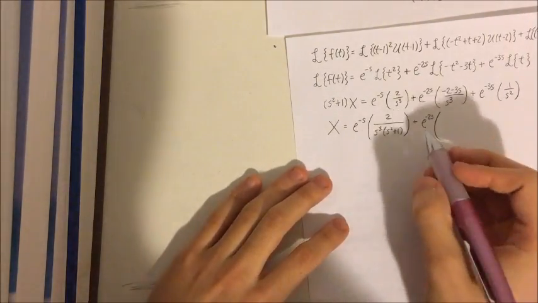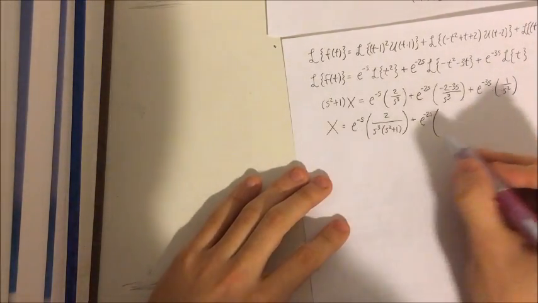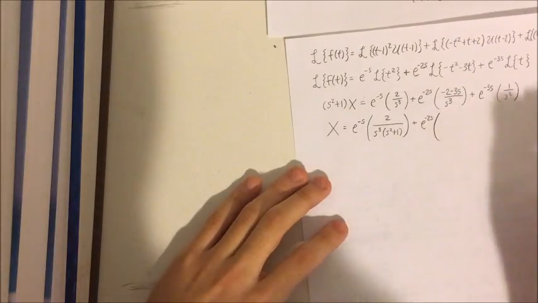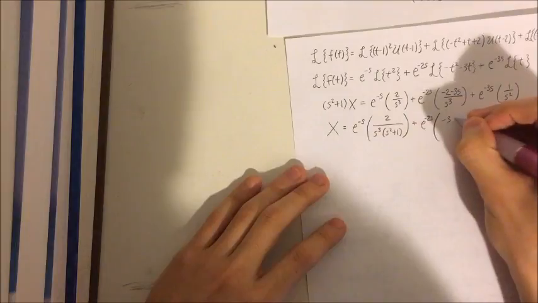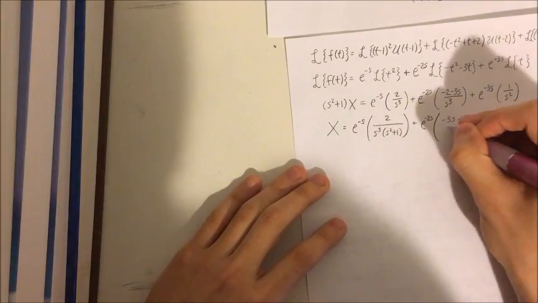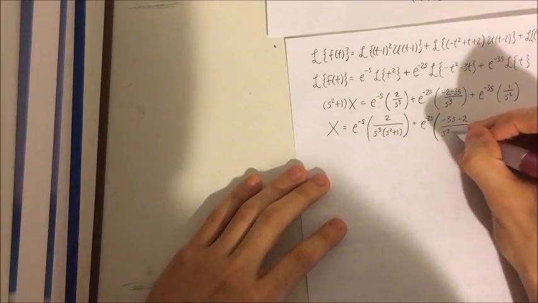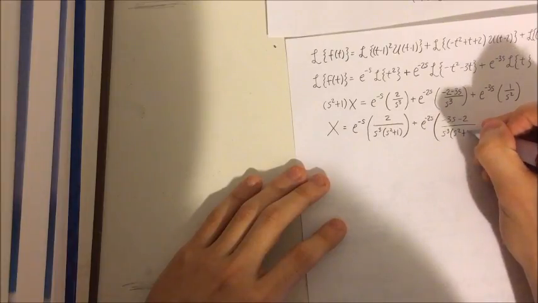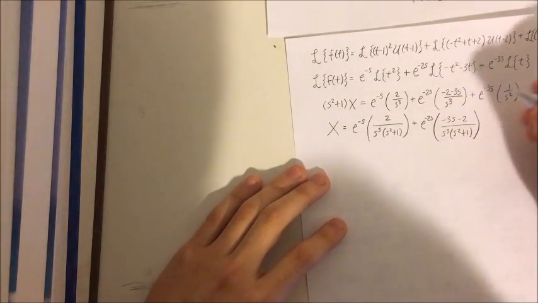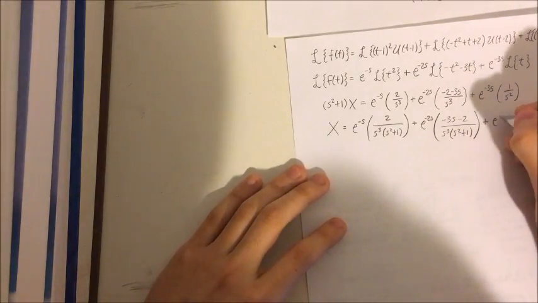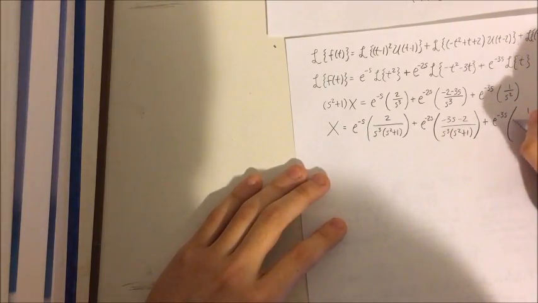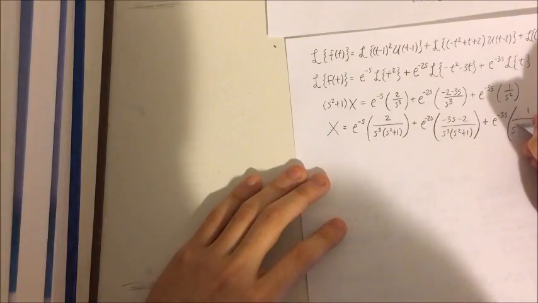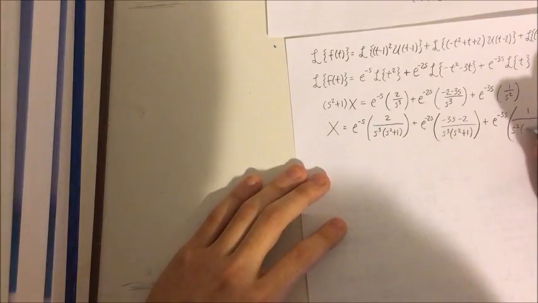Well, the reason I'm doing this is because I'm dividing this over everything, so we can isolate the X. So yeah, divide by the s squared plus 1. Let's rewrite this as negative 3s minus 2 over s cubed, s squared plus 1, is e to the negative 3s. The reason I'm writing it like this is so that we can have a form for us to do partial fraction decompositions.